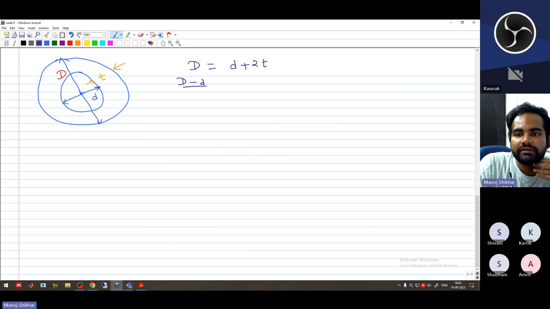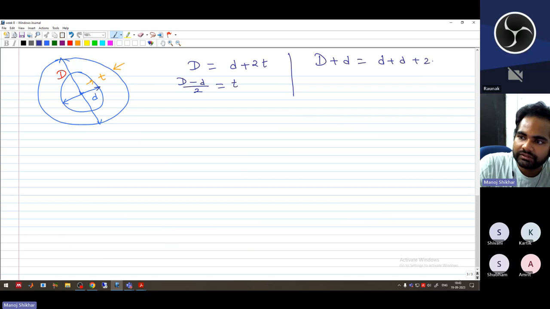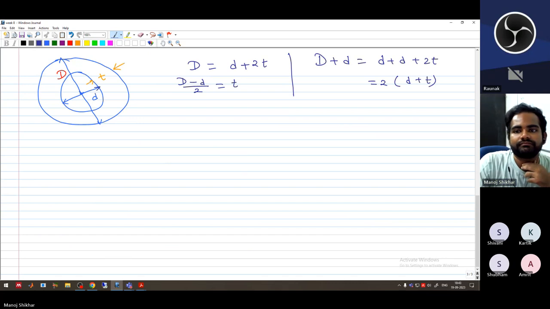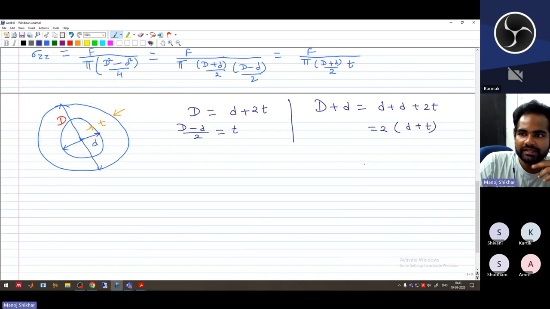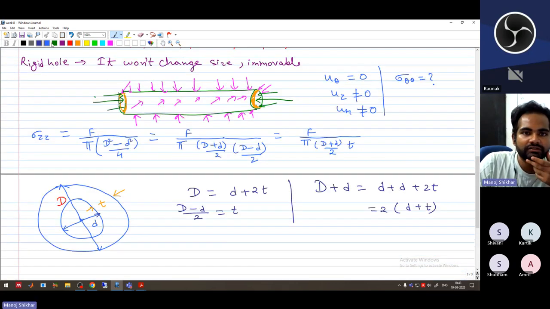So (D minus d) by 2 will be t, the thickness. Also, D plus d will be d plus d plus 2t, which means 2 times (d plus t). Let's replace this in the expression.